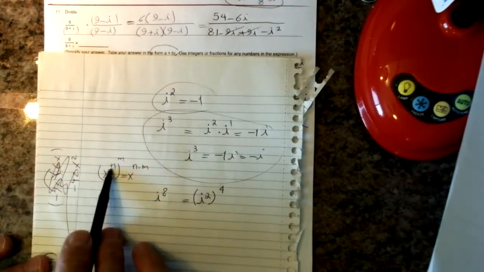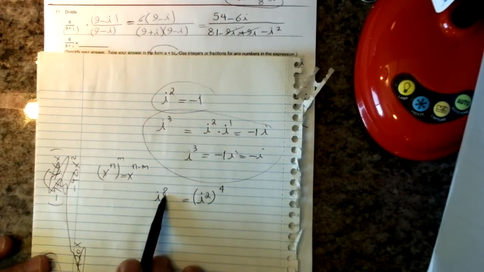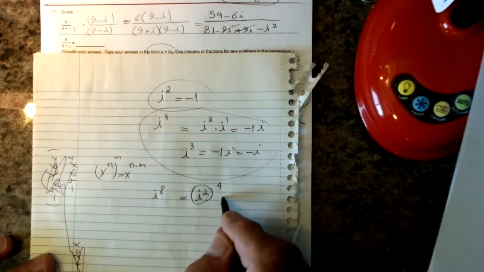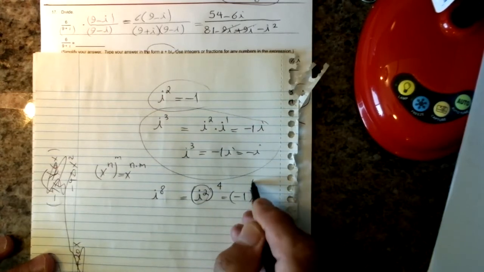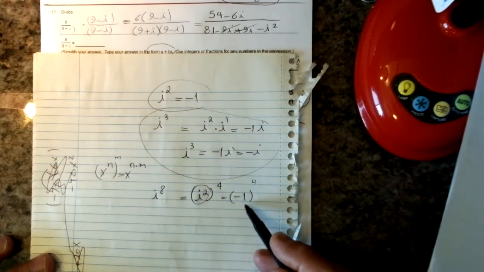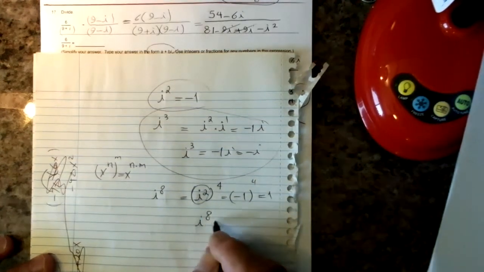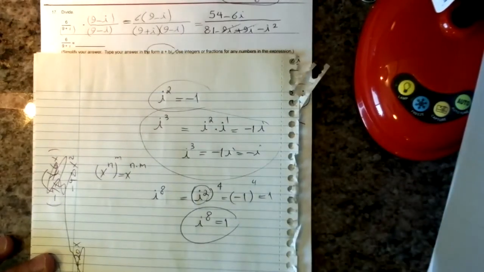So you could take 8 and write it as that. But we know i² is negative 1. What is negative 1 to power of an even number? Negative 1 times negative 1 times negative 1 times negative 1 is 1. So i to power of 8 is 1.